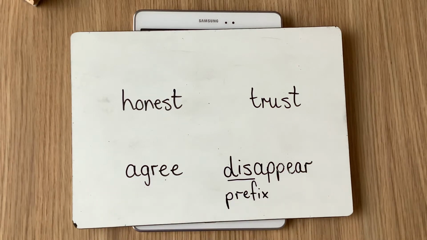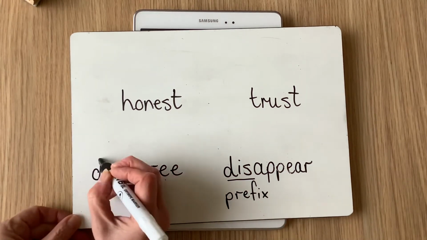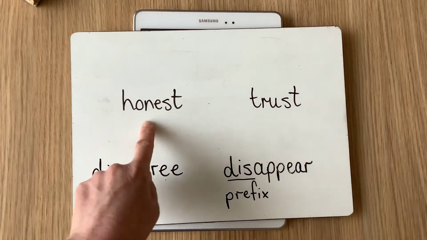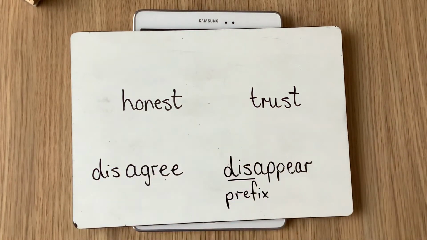So the opposite of agree: if I agree with you, I think, yes, you're telling me absolutely something that I believe in as well. But if I think, no, you're wrong, I might disagree with you. Honest and trust, well, they have a very similar meaning, don't they? That we believe in you, that we trust you, you're an honest person.